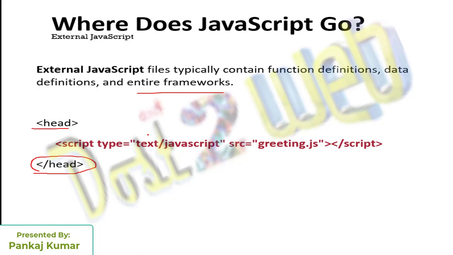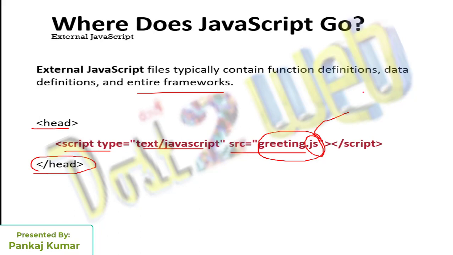Then how you can write it: the same way, a script with type text/javascript. Here you are going to change the src, that means the source, where you have kept your JavaScript. And what is the file name? The file name we have created as greeting or welcome.js, whatever name you can define, but the extension should be .js for writing JavaScript.